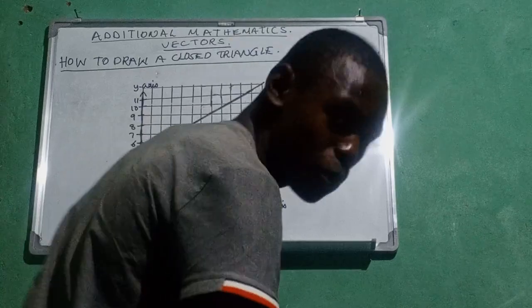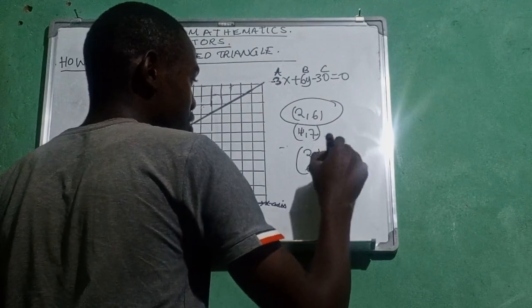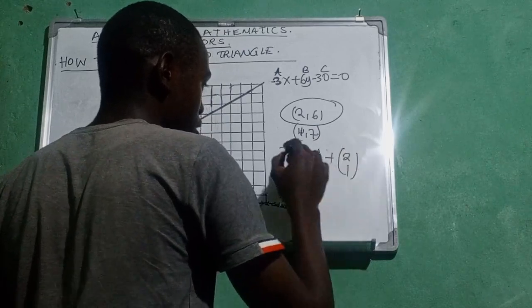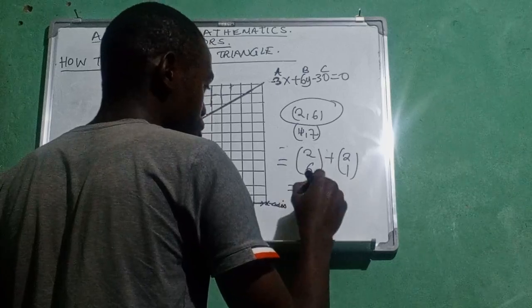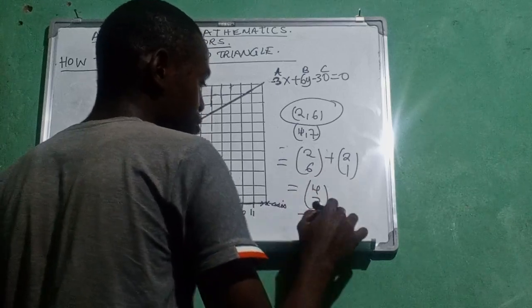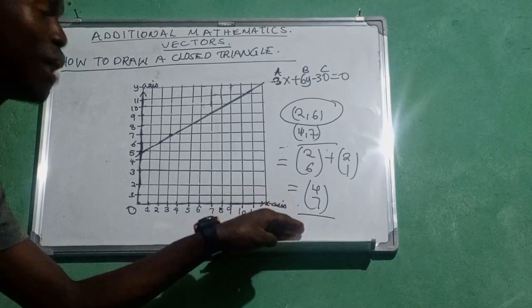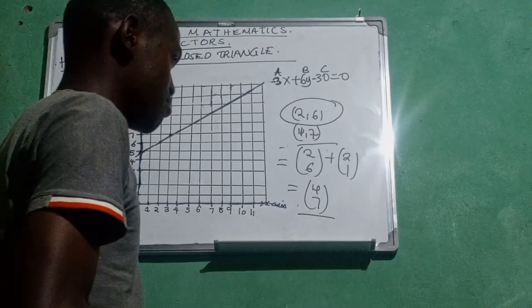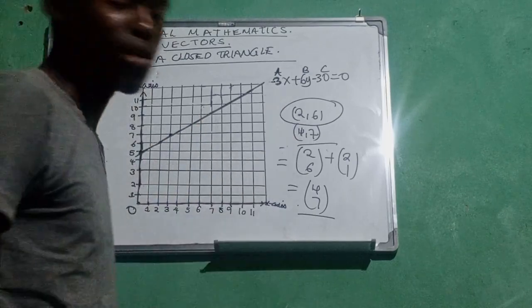So for example, we only knew of 2, 6. So we have 2, 6 plus the direction vector, which was 2, 1 when we reduced it. It means when we add the vectors in the rows, this is 4, 7. So this 4, 7 is the same 4, 7 there, and these are position vectors. Hence, to draw a closed triangle, you would just draw a vector that has its tip along this scalar equation.